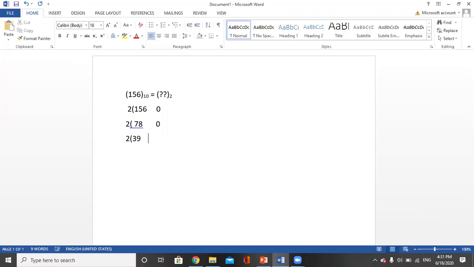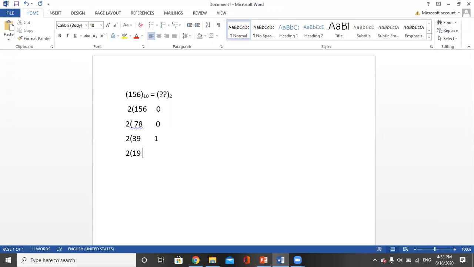So 39 is an odd number. In this case चाहिँ हामी के गर्नुपर्छ भने चाहिँ we have to subtract it by 1. 1 subtract गर्यो भने it will be 38, and that is an even number and perfectly divisible by 2, so the 1 comes out here, right? And so if we divide 38 by 2, we get 19.